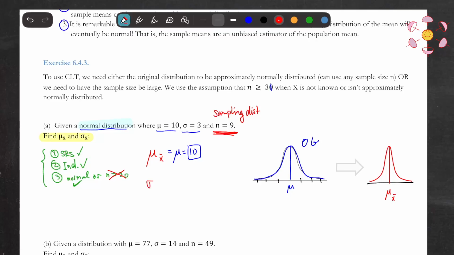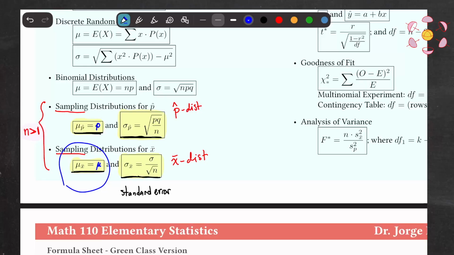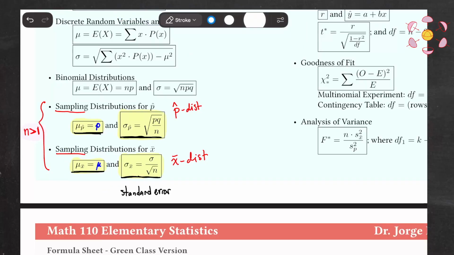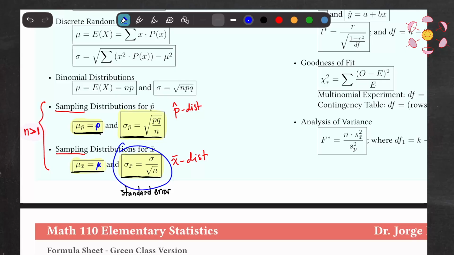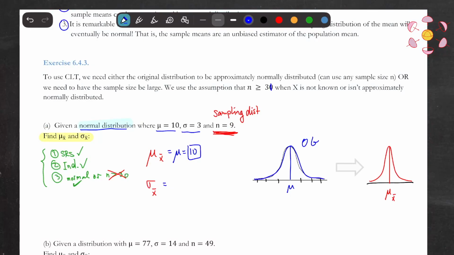What about sigma of x bar? Well, going to the formula sheet, it says, look at this formula now. Sigma divided by the square root of n. Okay, we do sigma divided by the square root of n. Now, the problem tells us sigma is 3.